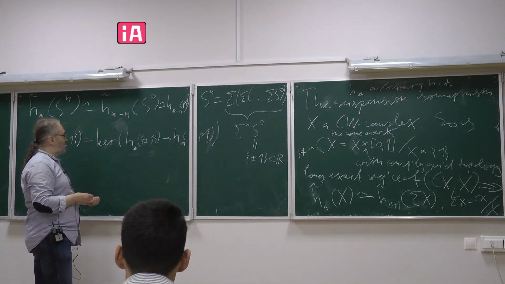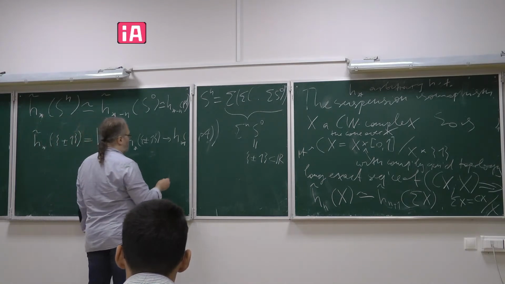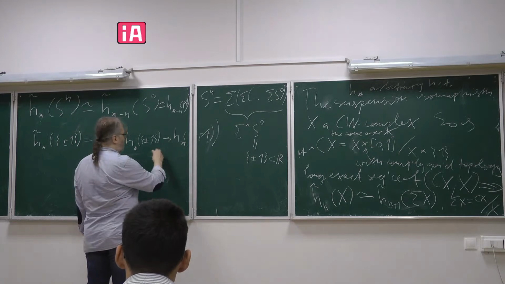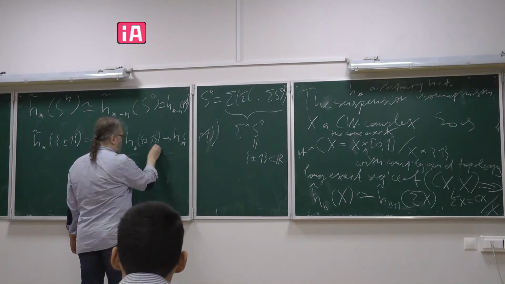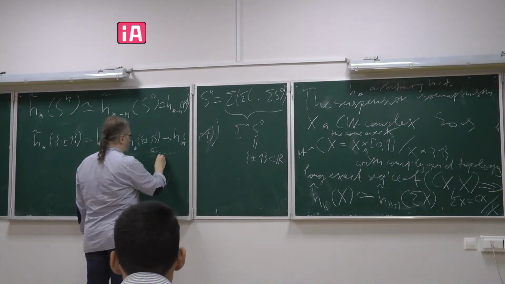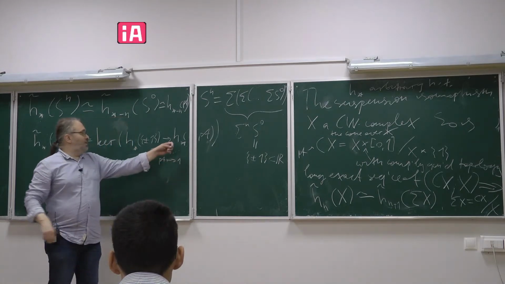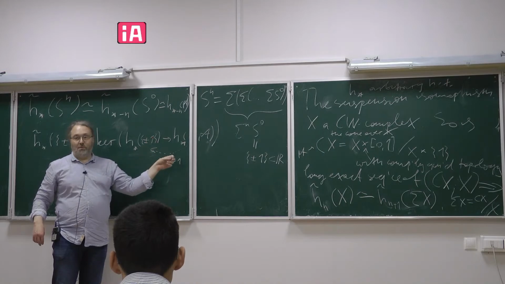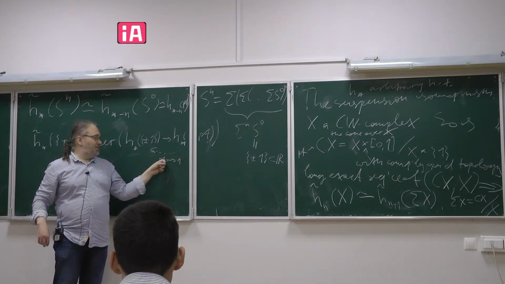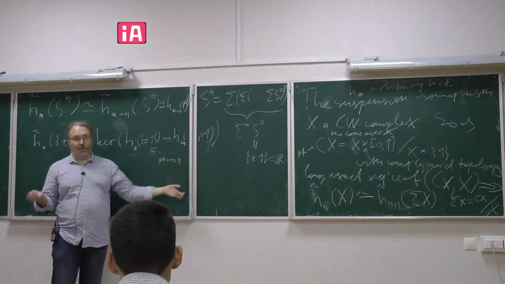And what is this kernel? I have a map from this group to this group, which is induced by taking the unique element of the one-point set to, for example, 1.